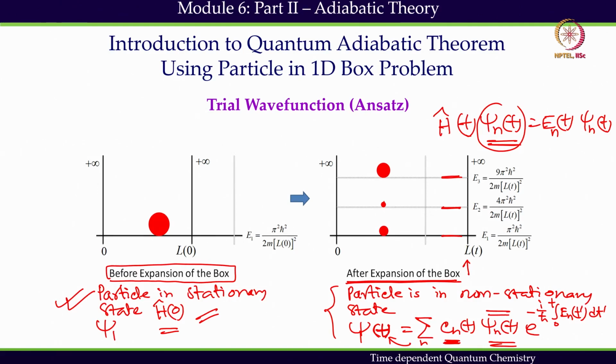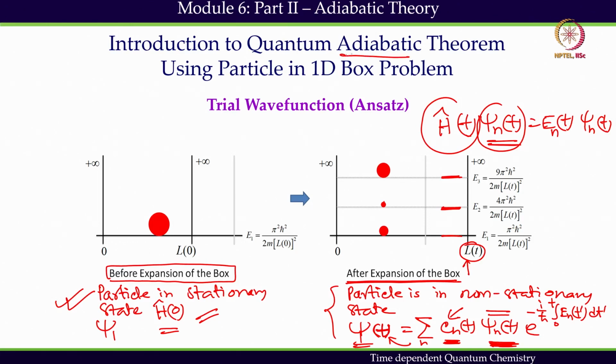So this non-stationary state will be defined as a linear combination of all stationary states present at that time, at that LT distance, and the Hamiltonian HT will give me those stationary states. Those stationary states may be occupied, and we need to find out the population of each state. So that's the basic idea which we have to follow.